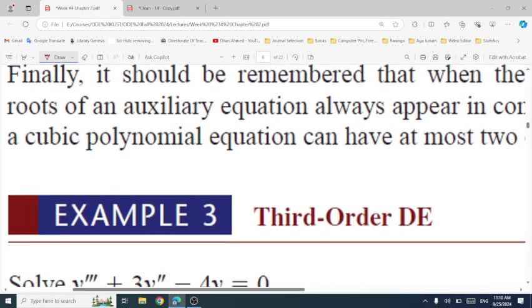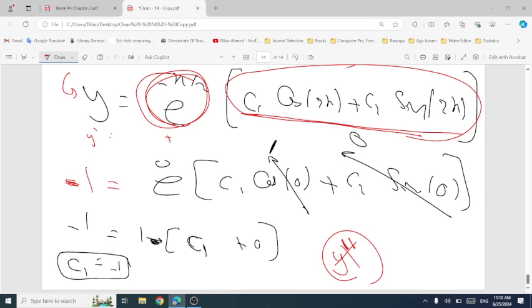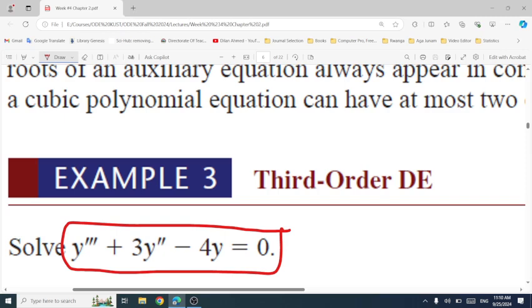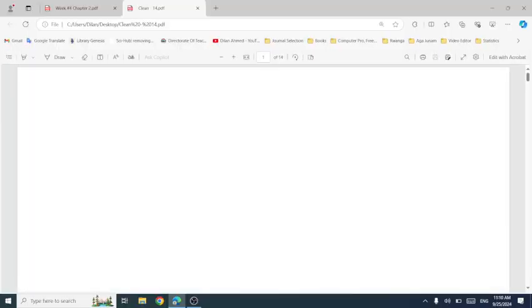Look, you got the example? Am I right? So how do we solve this one? Yalla.